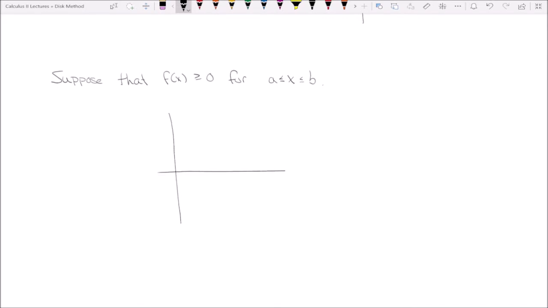Look at something like this, and we're looking at that region.